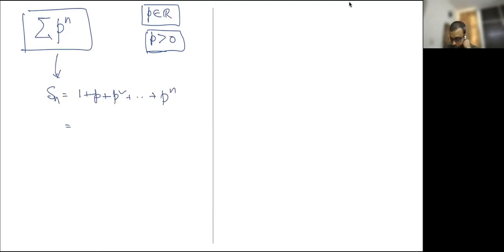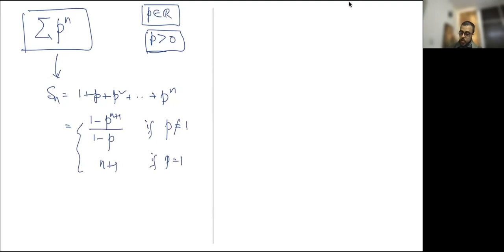You know the expression for this, right? It would be this if p is not 1, because if p is 1, then you have a problem with this expression. But if p is 1, you can write down the expression for S_n straight away. This would be n plus 1. Okay.